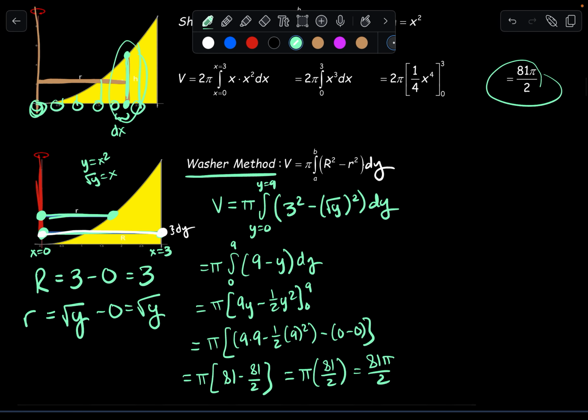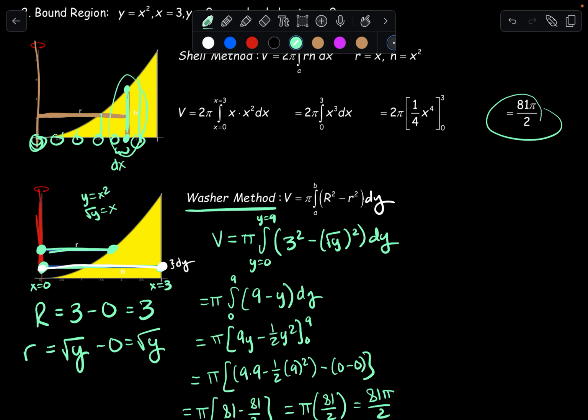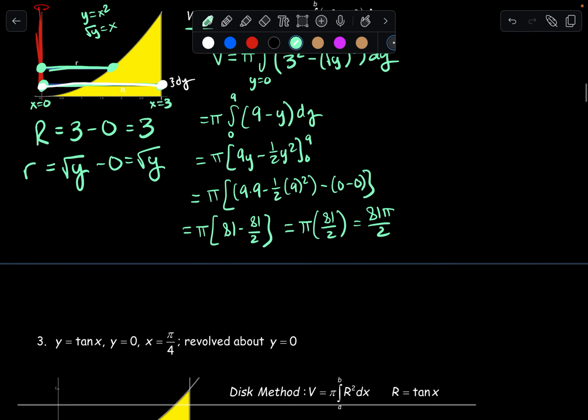So really, the washer method wasn't too bad. The setup is always a little tedious, but shell method was definitely a little bit quicker, especially how we just had to integrate one term, and then first fundamental was a lot more convenient with that. Cool. All right, moving on to the next one.